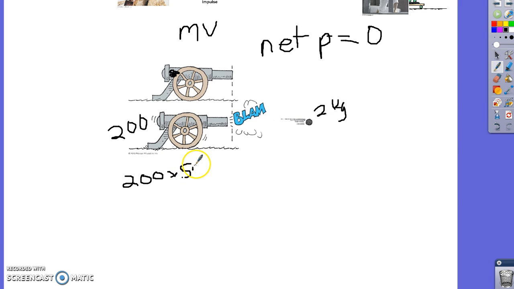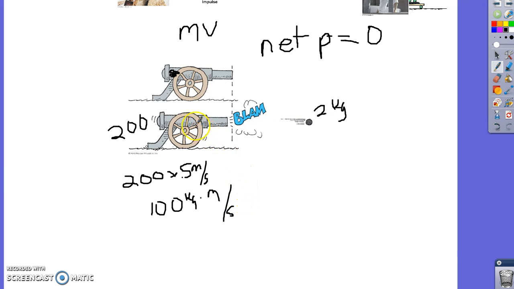Let's make it 0.5 meters per second. So it's going back at 0.5 meters per second. If we multiply that, 0.5 times that, it's going to give us 100 kilograms times meters per second. The dot just means times per second.